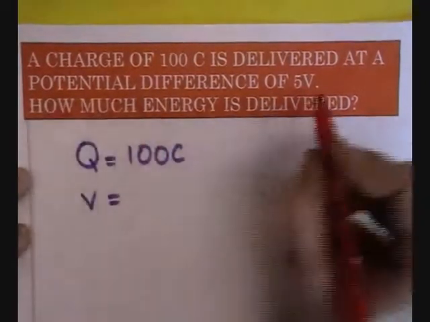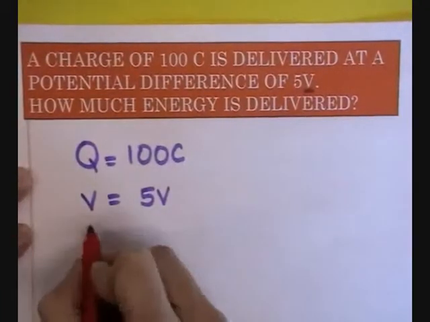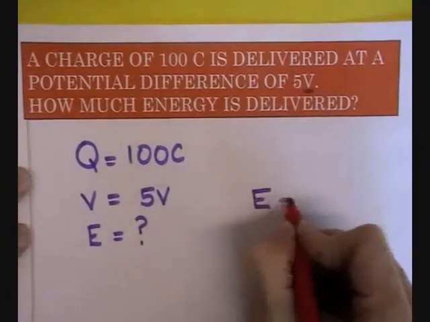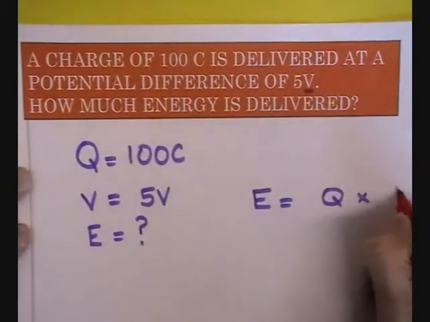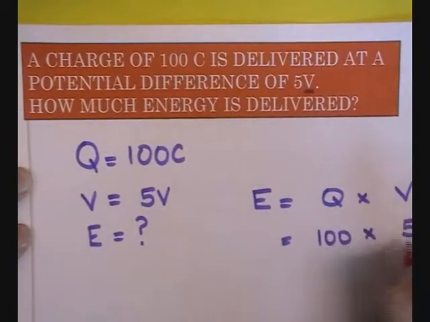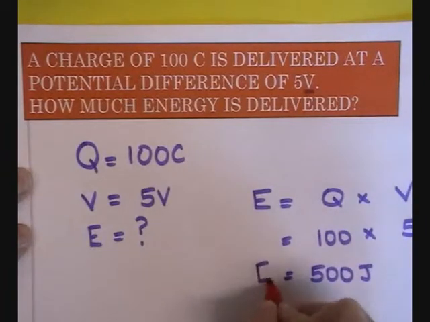Even if you weren't sure about that, you can see the unit gives it away there, 5 volts. And we're looking for how much energy. So E is equal to QV, so write your equation down first. That's 100 coulombs times 5 volts, and the answer is 500, and the unit for energy is of course joules.